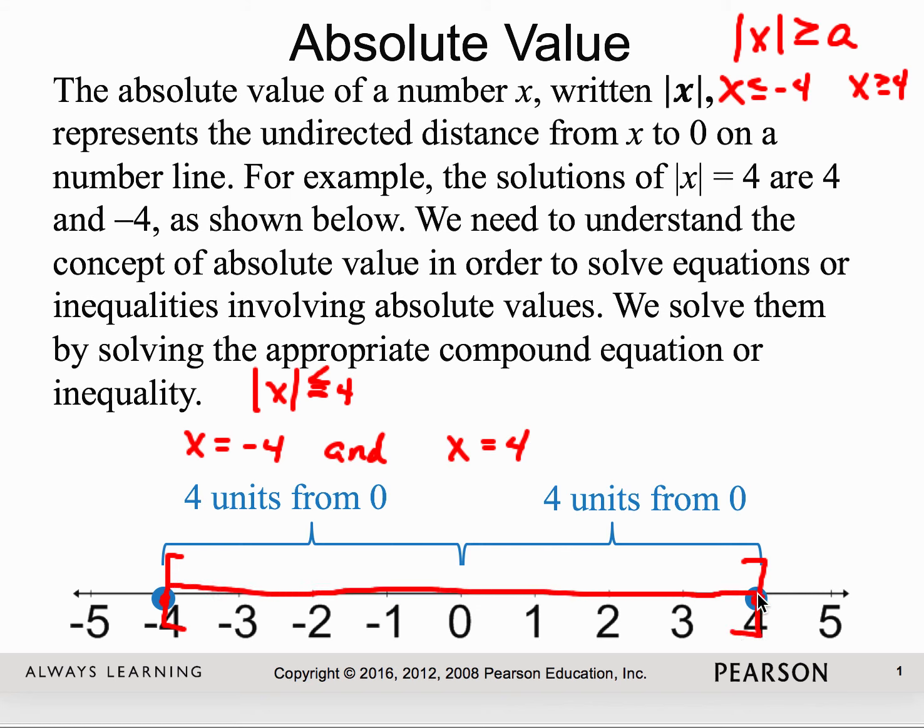All of these numbers are less than 4 units from 0. -1, -3.5, less than 4 away from 0. So if I had absolute value of x is less than or equal to some number, any number, my answer is going to be in between the positive and negative value.